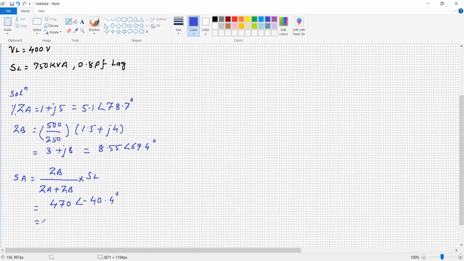That is, the kVA rating is 470 kVA and power factor is equal to 0.762 lag.